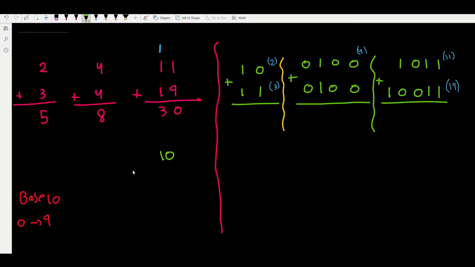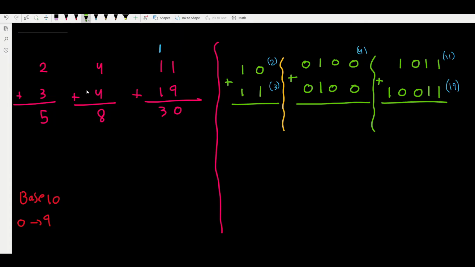But since we are in base 10, we are not allowed to use this number because it does not exist. All the numbers that do exist in this base are from 0 to 9. Now 10 is greater than 9, so it does not exist. That's why we have the carry over. We put the 0, then we carry a 1, and then we continue normally. Okay, so this is important.